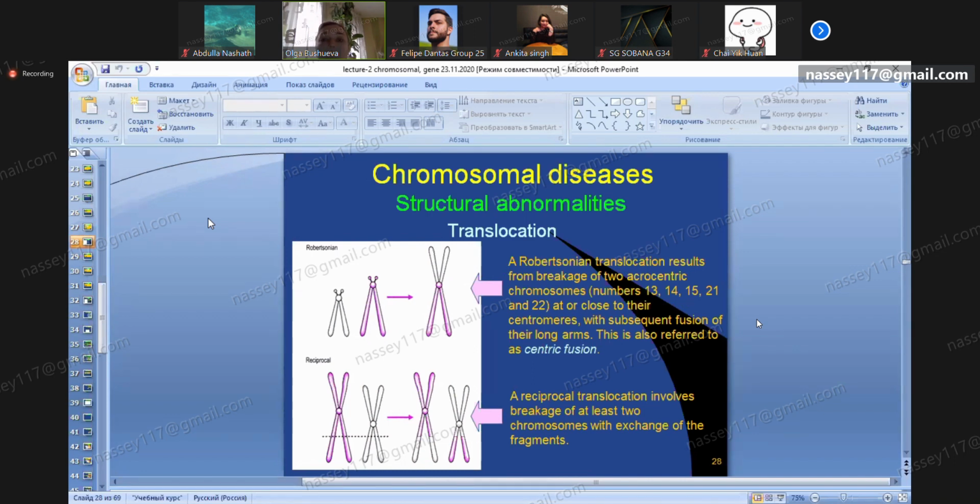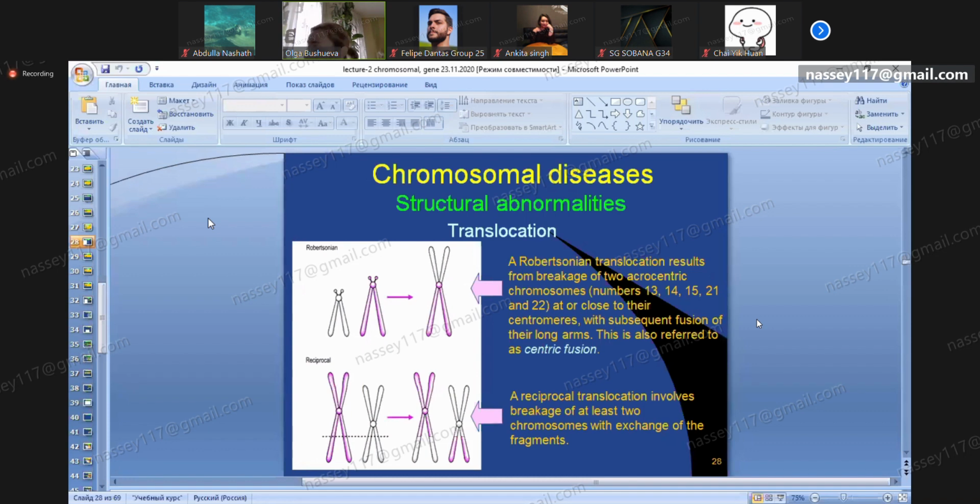They lose their short arms with subsequent fusion of their long arms. This is also referred to as centric fusion. So when two acrocentric chromosomes lose their short arms and combine in one large metacentric or submetacentric chromosome, it's called Robertsonian translocation.